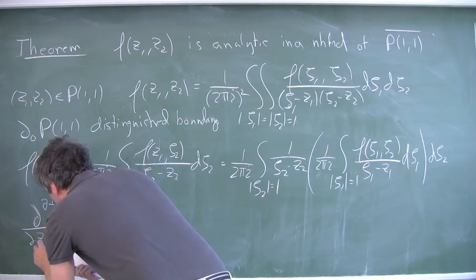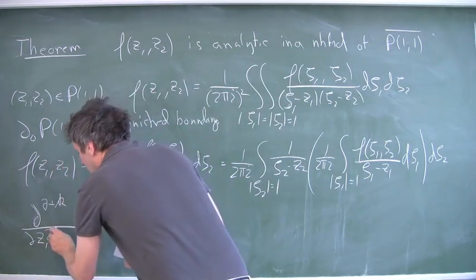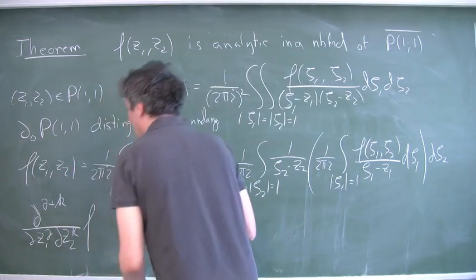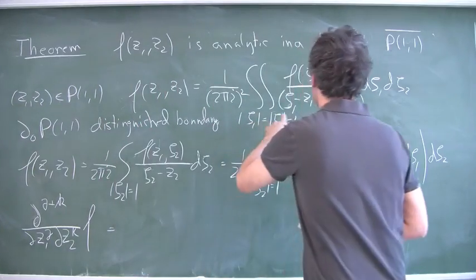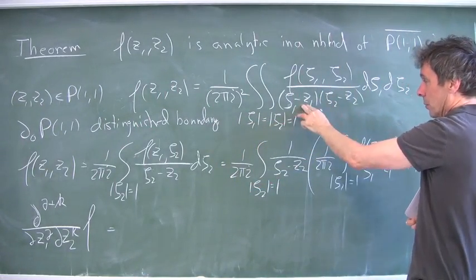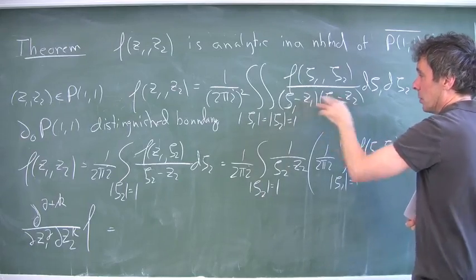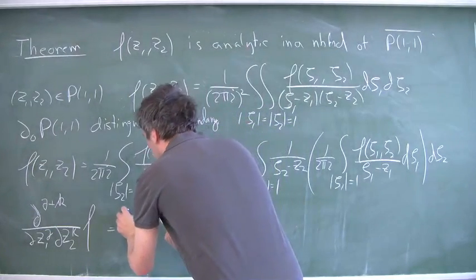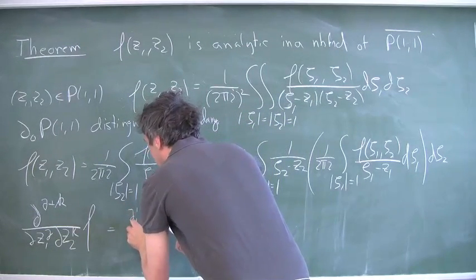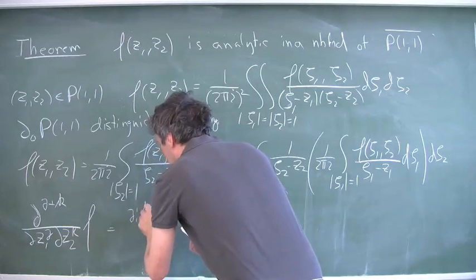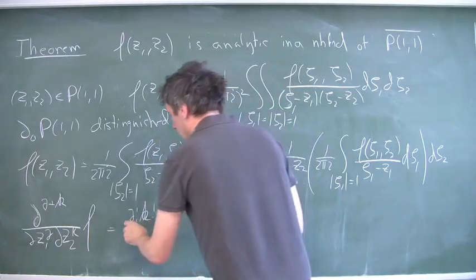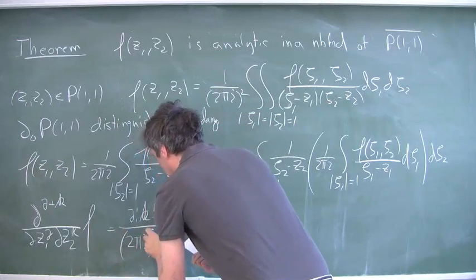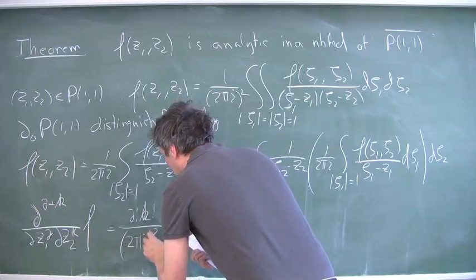We take the derivative j times with respect to z1 and k times with respect to z2 of f, then by just differentiating this, which means that you differentiate what stands in the denominator, you get the formula that this is equal to j factorial k factorial, and then divided by this factor 2 pi I squared.